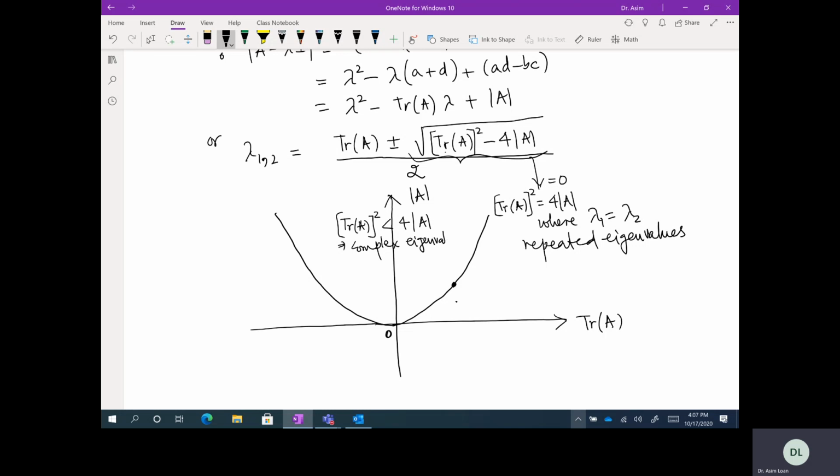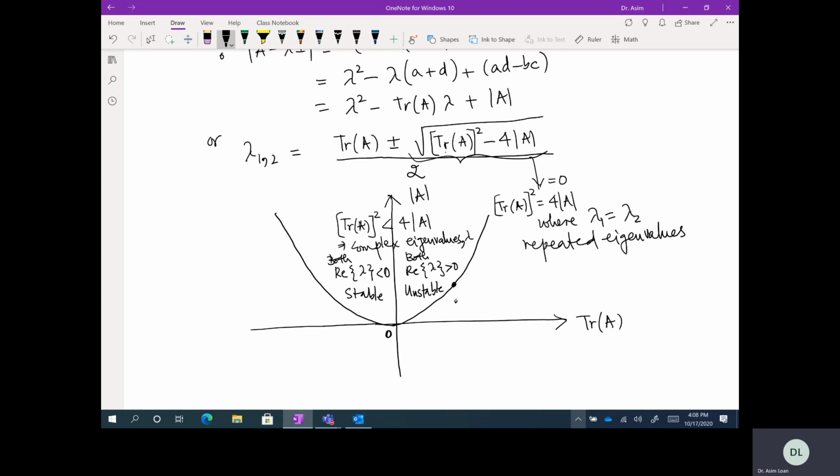Here the real part of lambda is less than 0, and here the real part of lambda is greater than 0, and this one is stable and this one is unstable.